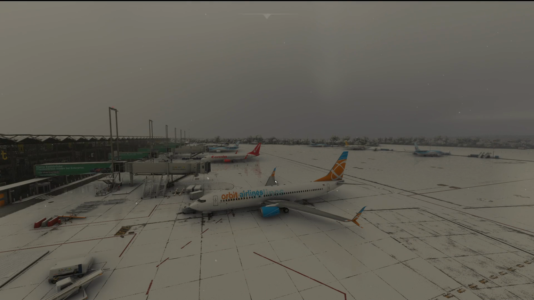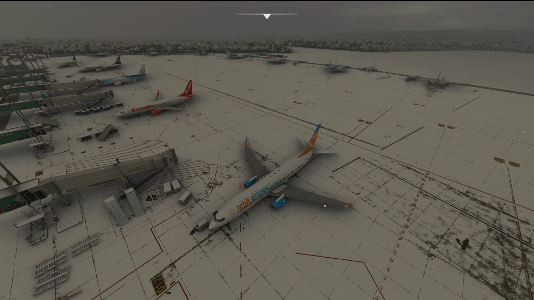Now, if you want to be 100% realistic, if you have snow and slush on the surfaces and you taxi the airplane in, there is a good chance that you will have some kind of contamination on the aircraft as well, so de-icing might also be needed under these conditions. Again, this is a very simplified procedure for the use in Flight Simulator.